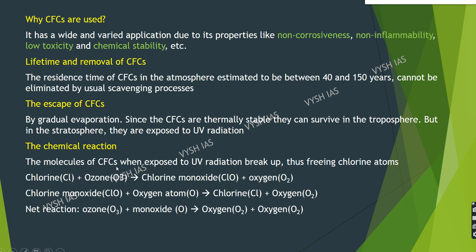The molecules of CFCs, when exposed to UV radiation, break up, thus freeing chlorine atoms. A free chlorine atom reacts with an ozone molecule to form chlorine monoxide. Molecules of chlorine monoxide further combine with an atom of oxygen, resulting in the formation of an oxygen molecule and reformation of the free chlorine atom.